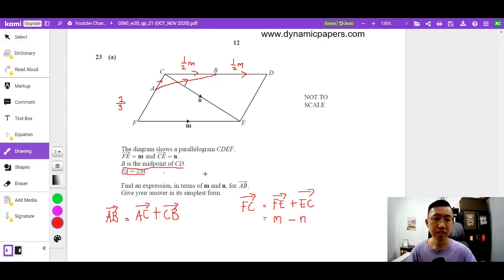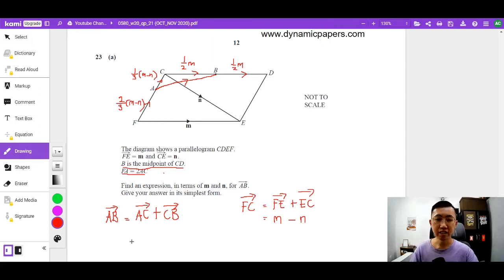So copy this, m minus n. And this part right here, the ratio is 1, so 1/3. So let's label: FA is 2/3 (m minus n). AC is 1/3 (m minus n).